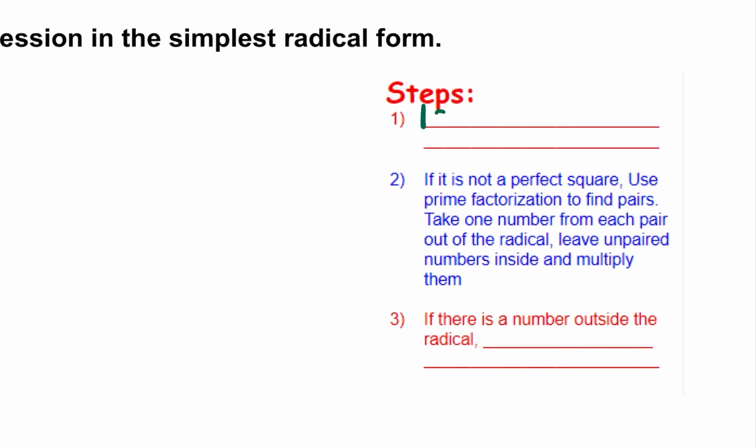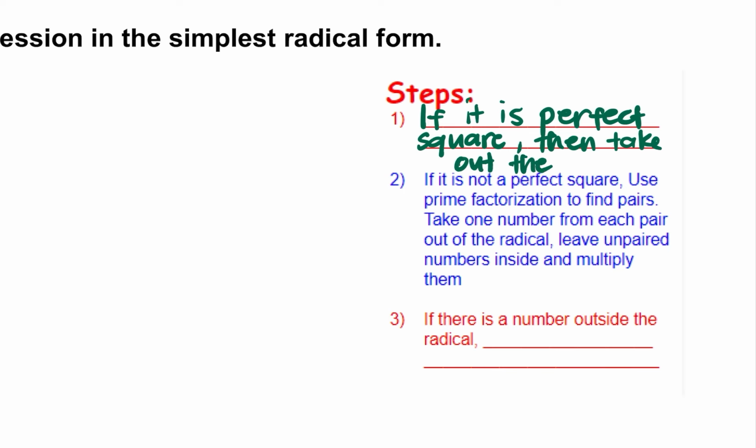If it is a perfect square, then take out the number. If it is not a perfect square, use prime factorization to find the pairs. Take one number from each pair out of the radical, leave unpaired numbers inside and multiply them.